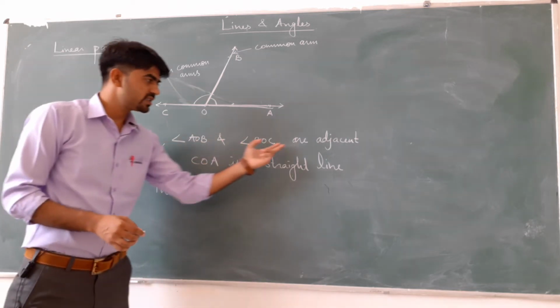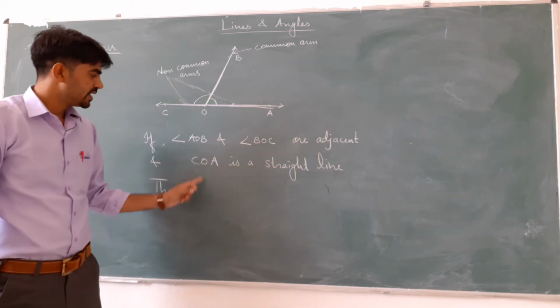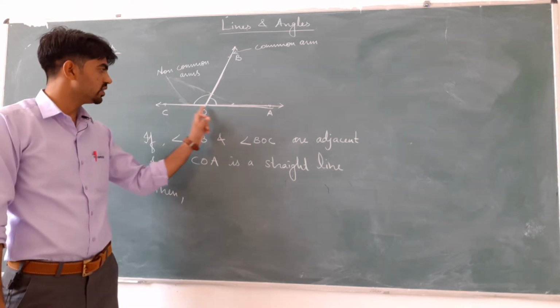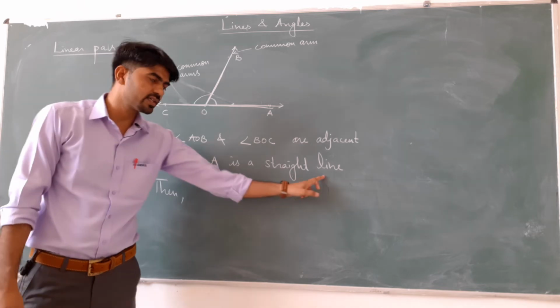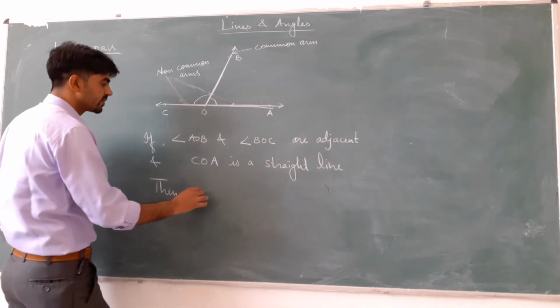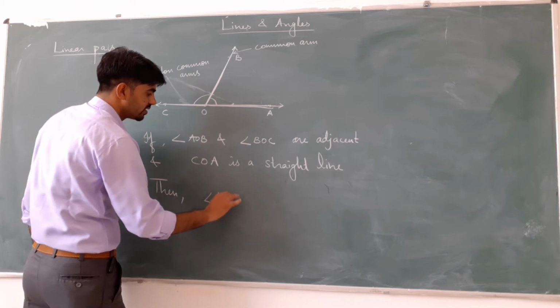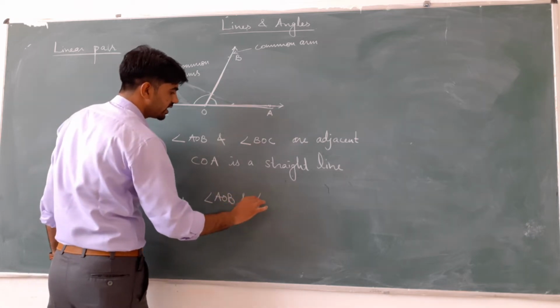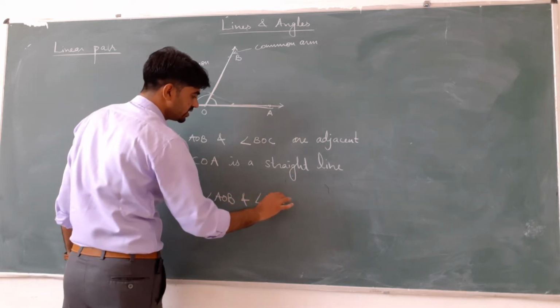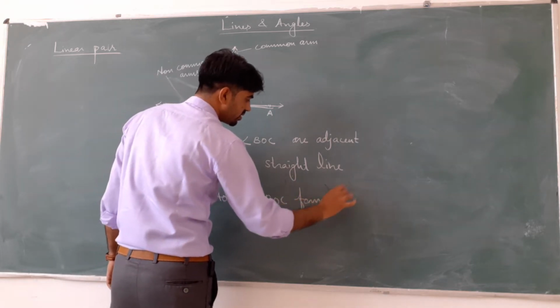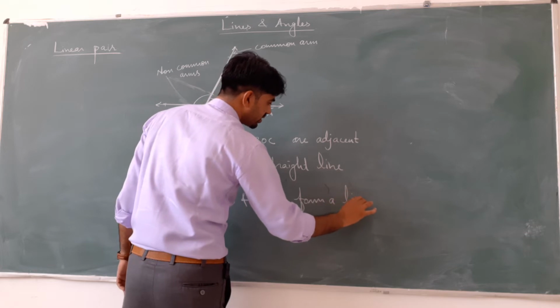If these two angles are adjacent and the non-common arms, that is COA, make a straight line, then angle AOB and angle BOC form a linear pair.